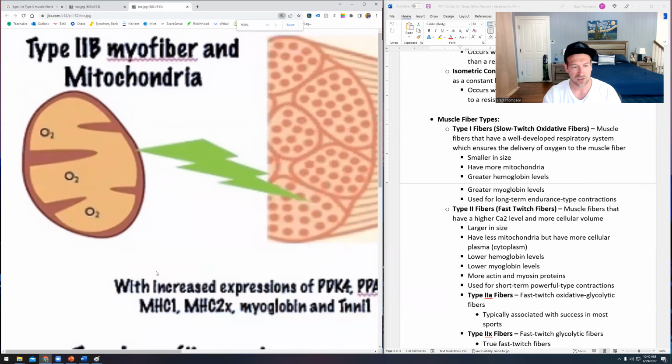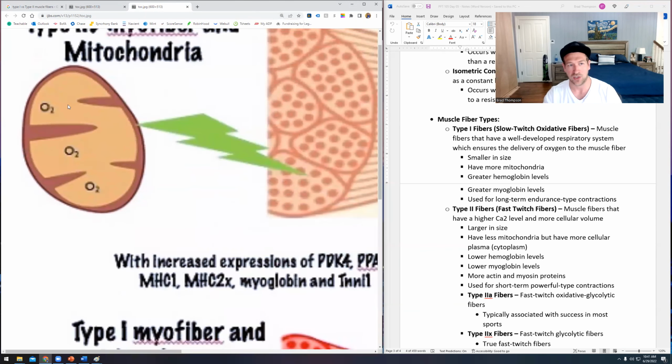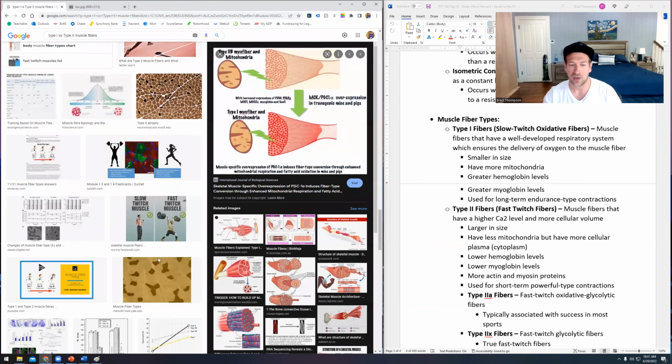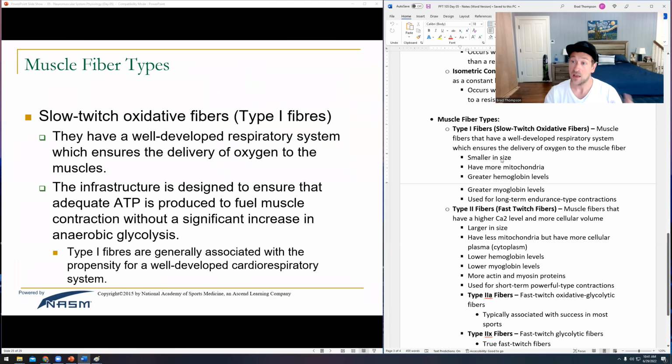So you can see there's more oxygen within the mitochondria, whereas over here there's less oxygen, less mitochondria, less enzymes, right? So your type 1 fibers, you want to think of as your endurance fibers. If you look at the difference between a runner and a bodybuilder, runners have these big, long, lean muscles.